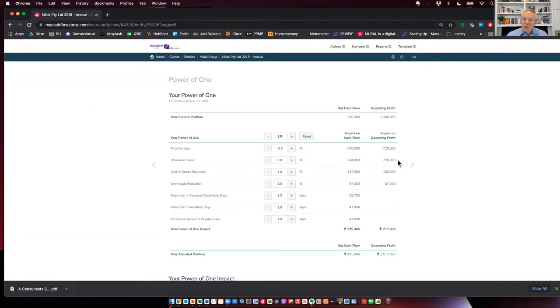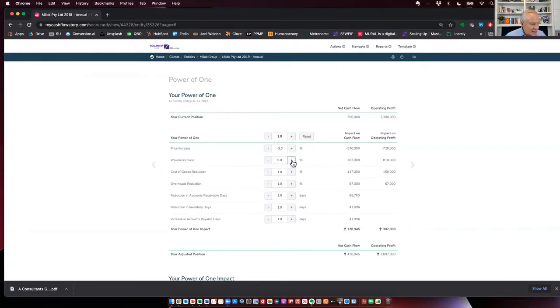But don't just look. Remember, revenue is vanity, profit is sanity, cash is king. Look at the impact on cash at MyLock. They would lose $570,000 with a 3% discount in annualized cash flow. 8% only makes up 34% of it.